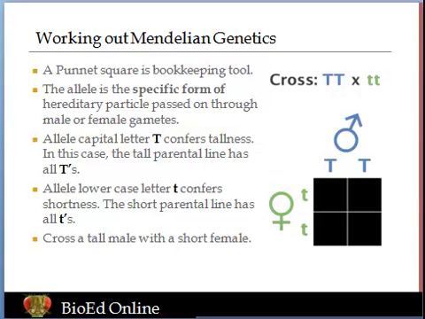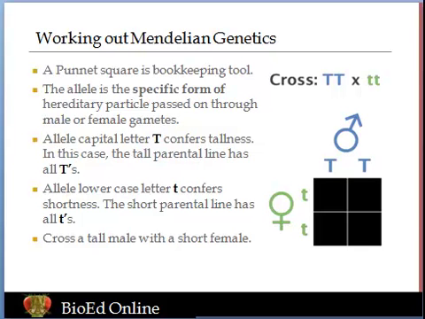Each individual has two alleles that correspond to height, one allele inherited from each parent. In this case, an uppercase T is going to represent the allele that confers tallness, and a lowercase t is going to represent an allele that's considered short, opposite of tall, if you will. Now recall that Mendel started with pure breeding lines of tall and short plants.